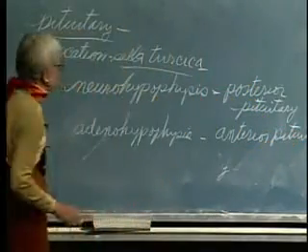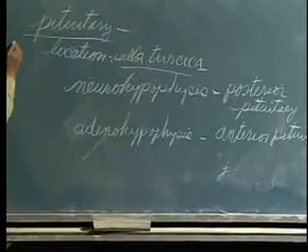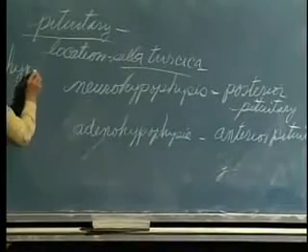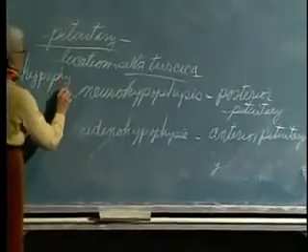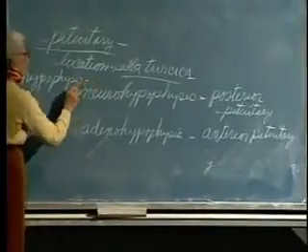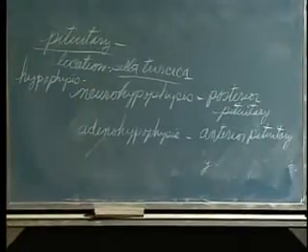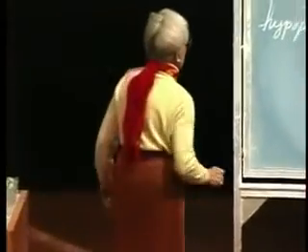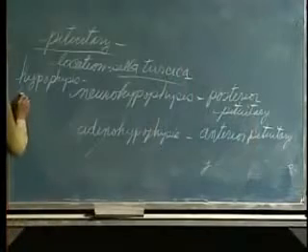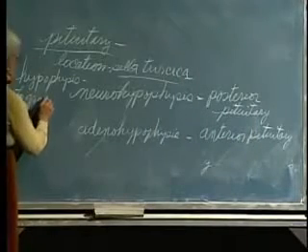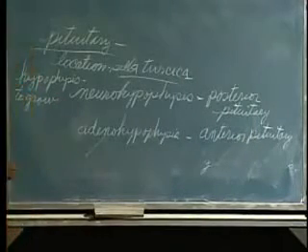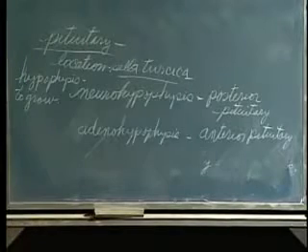What does hypophysis mean? First thing they learned about the pituitary, if they took it out, the animal stopped growing. It means to grow. In fact, the first work was done in Argentina.